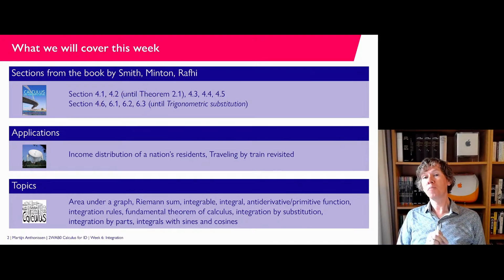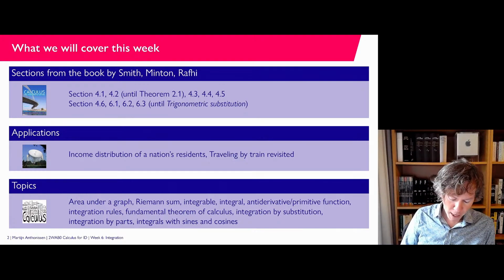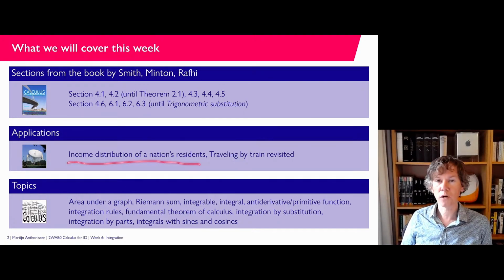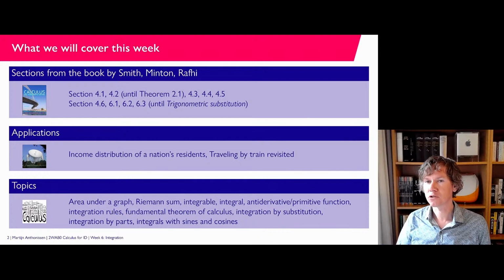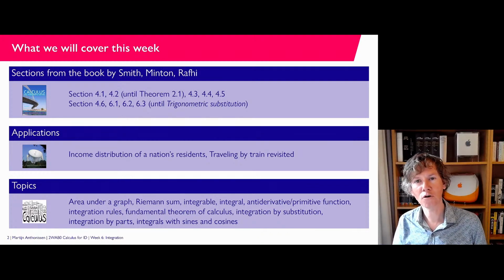To start off, in a minute, I will talk a little bit about the income distribution of a nation's residents. As a Dutch student you know for sure, and maybe if you came to Eindhoven to study at Eindhoven University, you have seen that in the Netherlands, on the third Tuesday in September, our government always presents the budget for the coming year.